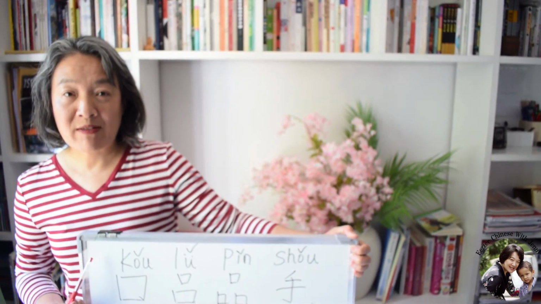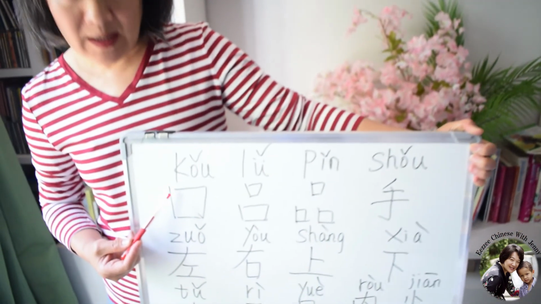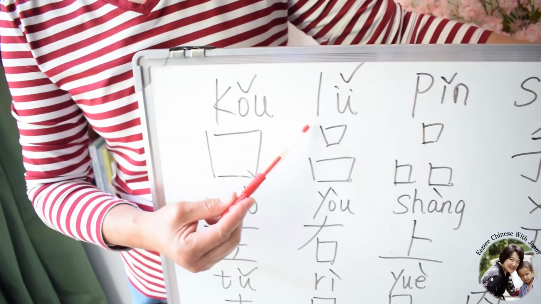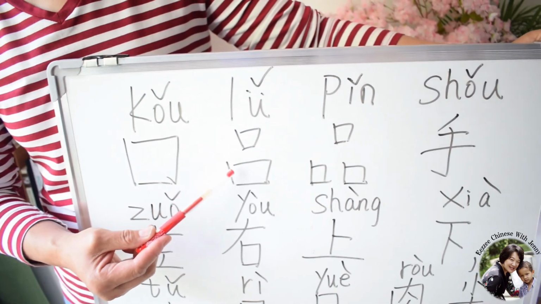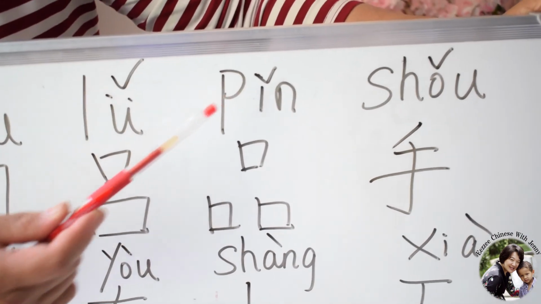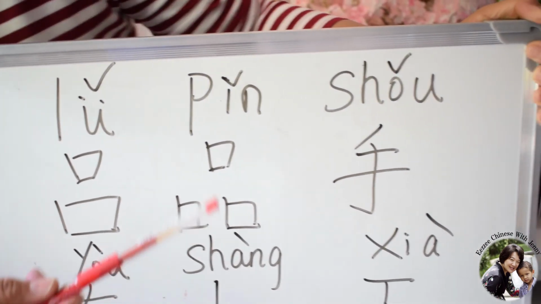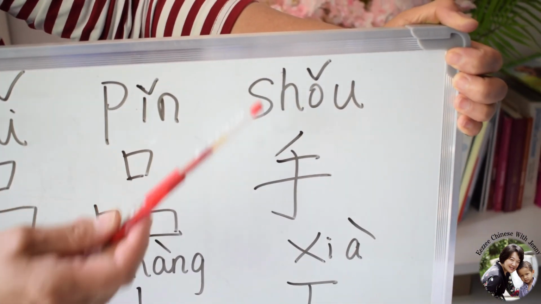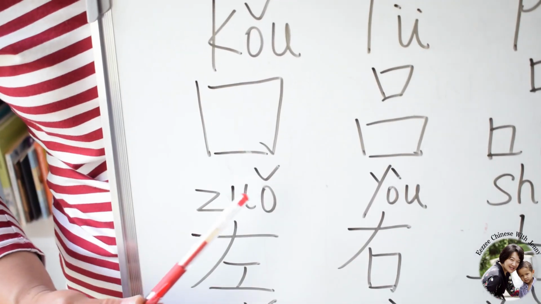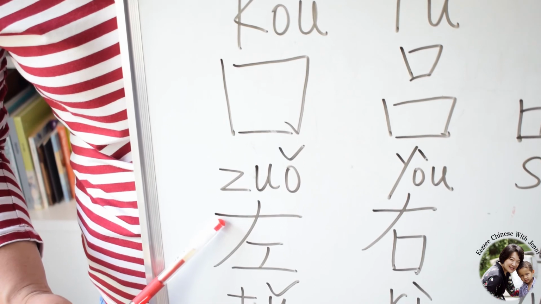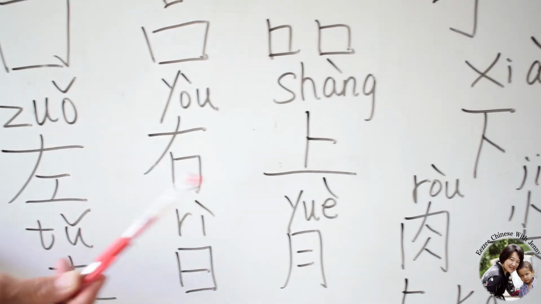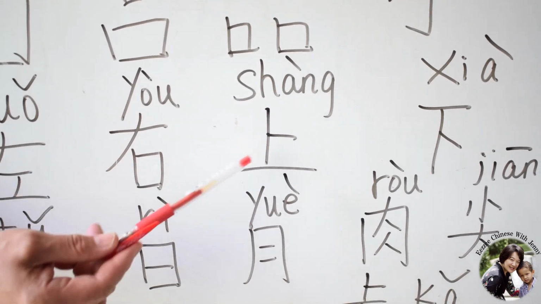Let's recap what we have learned today. First, kou, 口, mouth. Lü, 吕, a last name. Pin, 品, taste. Shou, 手, hand. Zuo, 左, left. You, 右, right. Shang, 上, up.